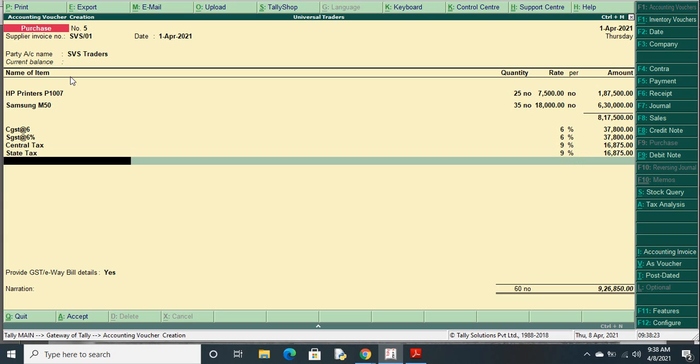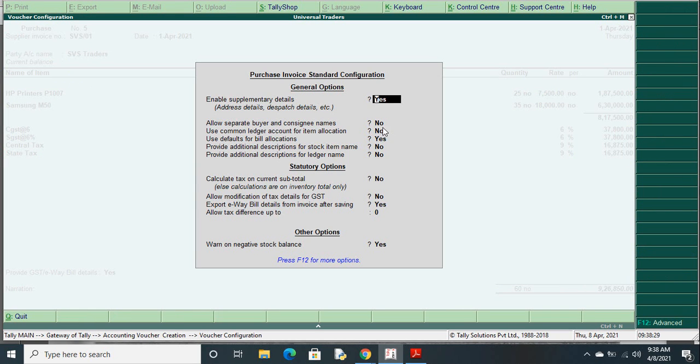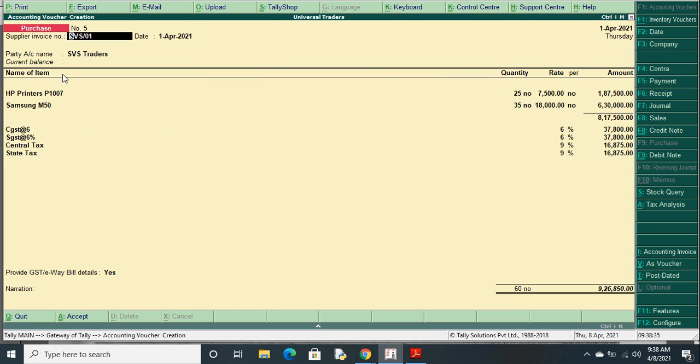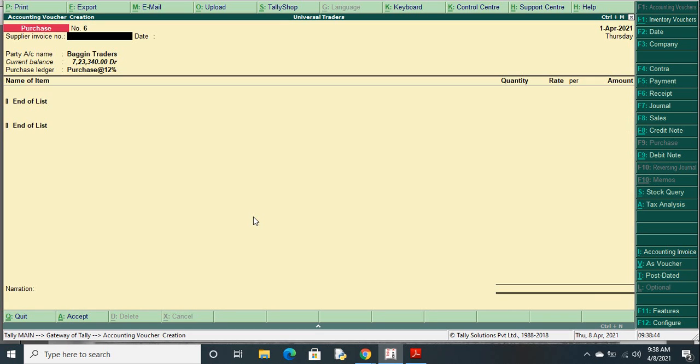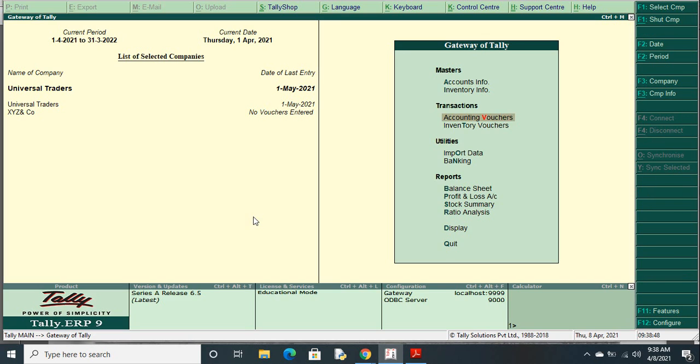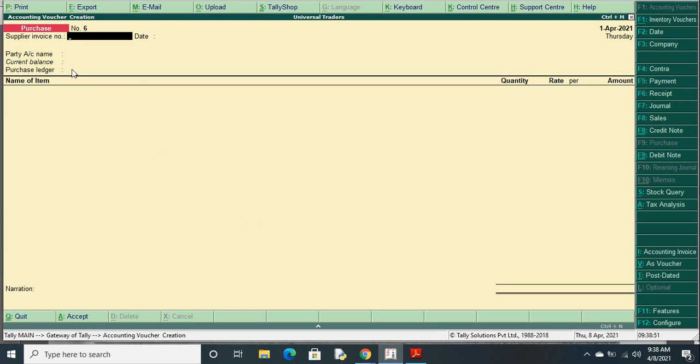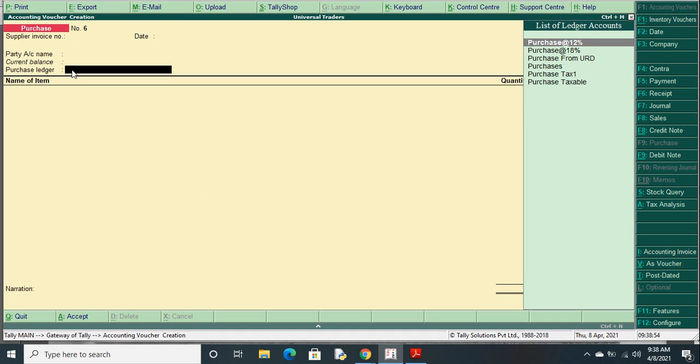The change we have to do is, if I press F12 and make it yes, use common ledger yes, then I will have the purchase ledger option here, right? Whatever ledger we enter, for example purchase at the rate 18%, this 18% is applicable for all the items.